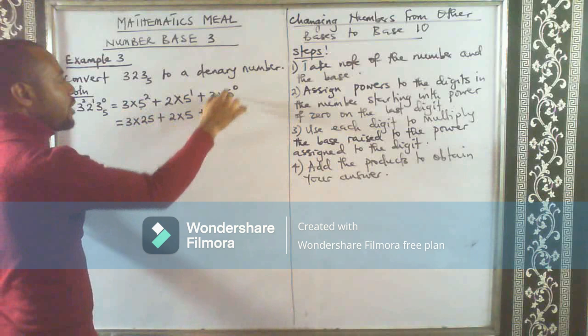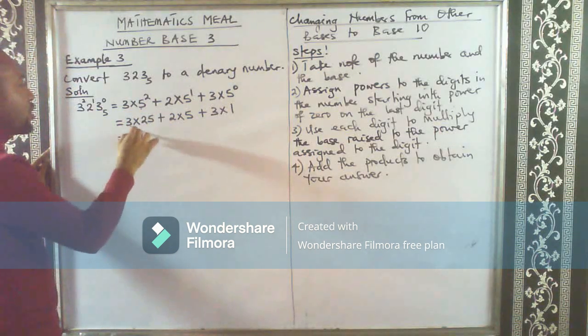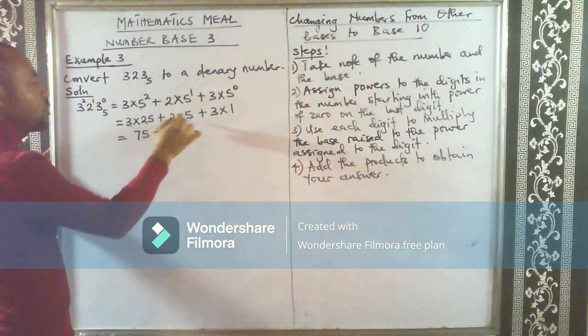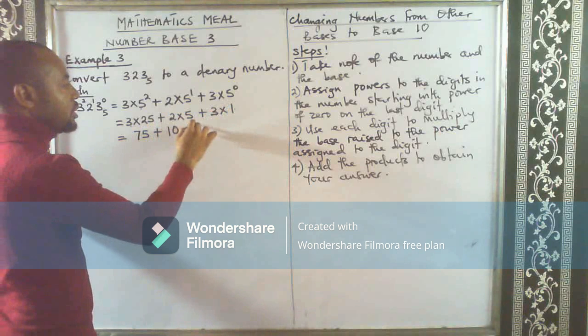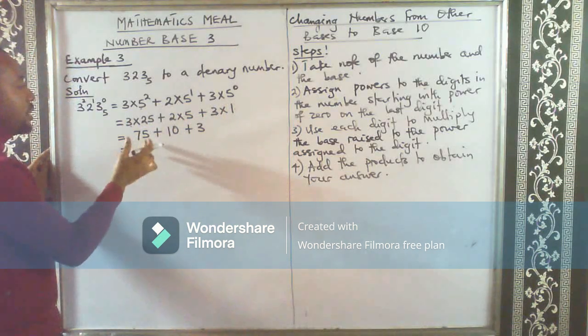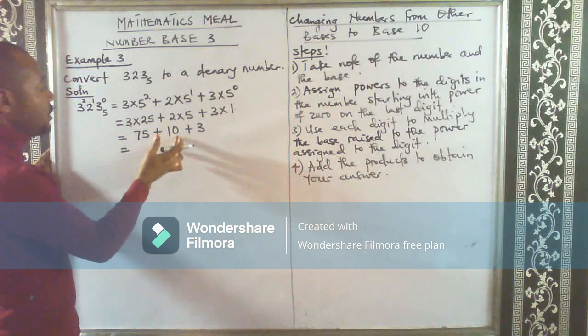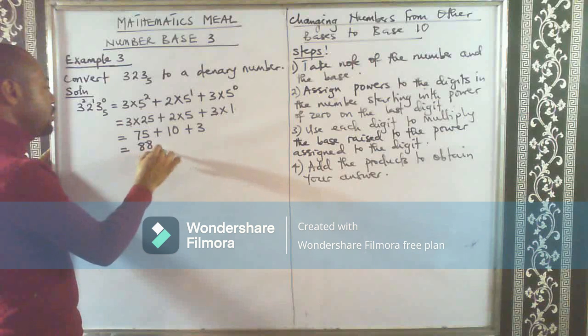Plus 3 times 5 raised to the power 0, which is 1. Now 3 times 25 will give me 75. 2 times 5 is 10. And 3 times 1 is 3. So 75 plus 10 will give us 85, plus 3 will give us 88.